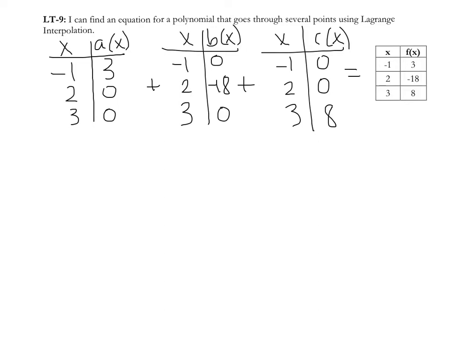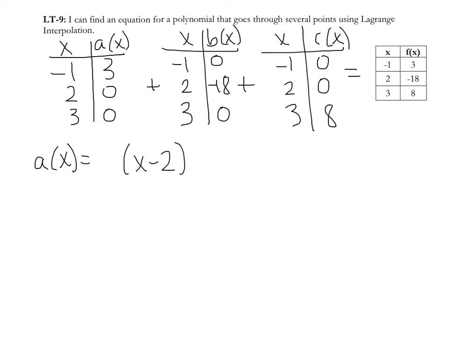Let's focus on trying to find a polynomial for a of x. If we know that 2 is an x-intercept for a of x, then we know that x minus 2 needs to be a factor. So we can start out by saying a of x needs to equal, we know x minus 2 will be a factor.